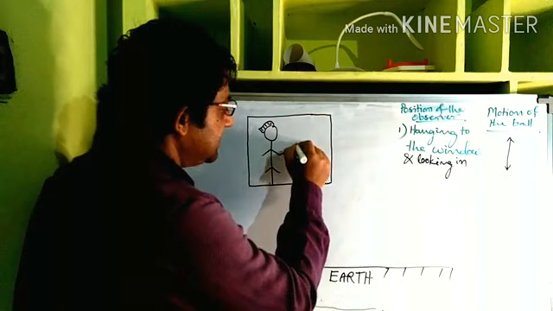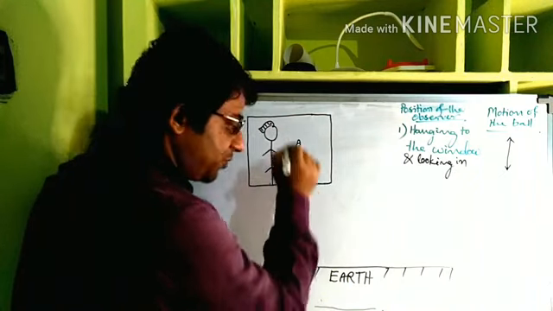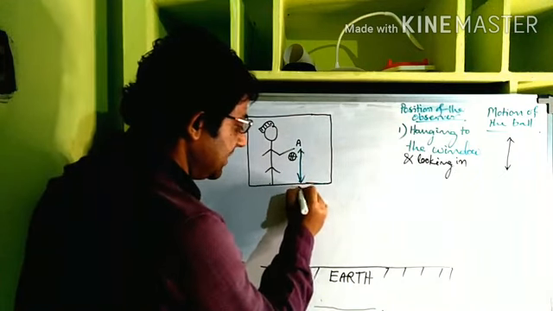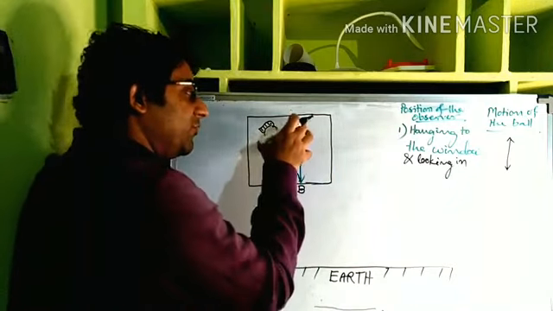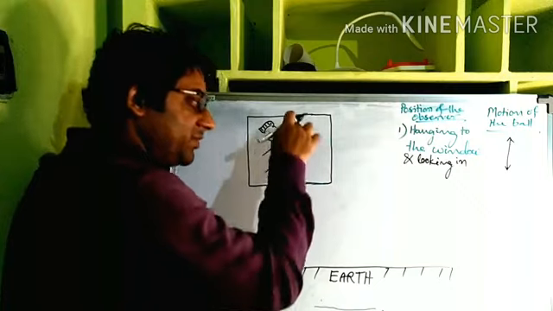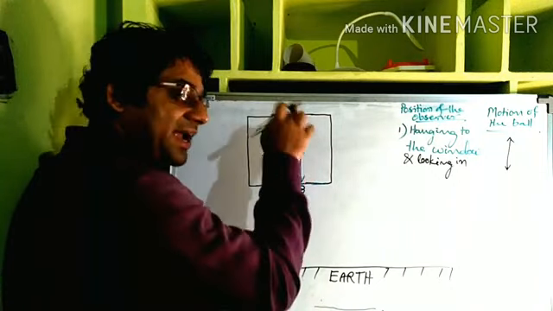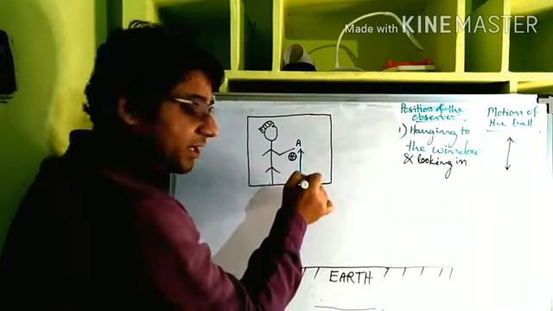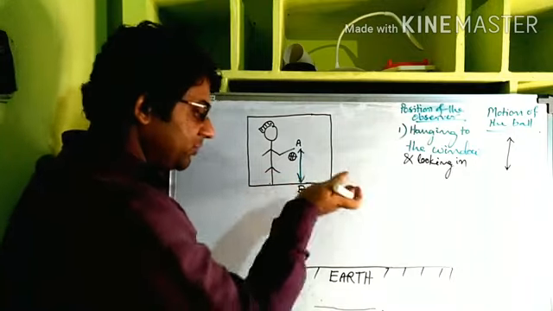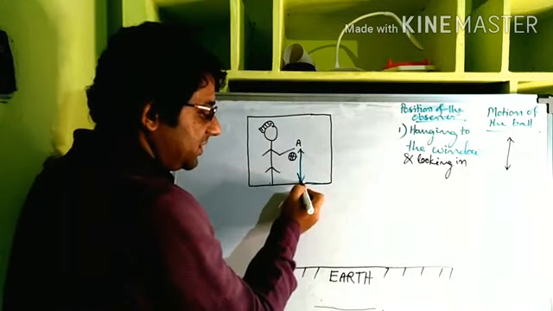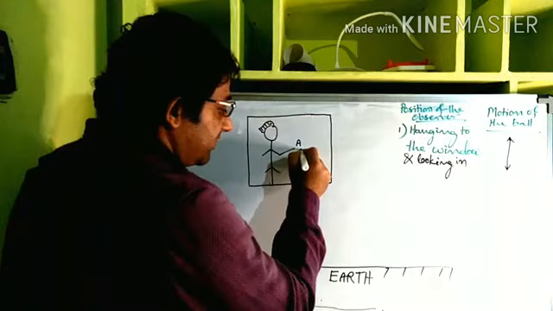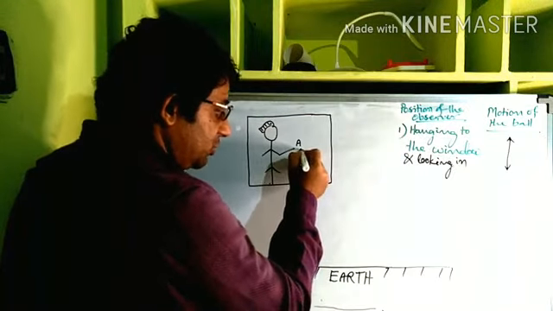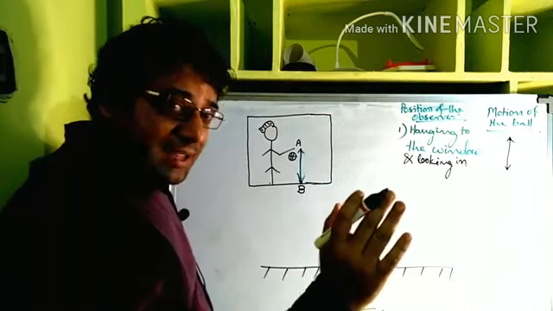Let us say this point is A and this point where it hits is B. Now if you were at the window and looking in, all the time it was hitting the hand at A and hitting the ground at B. Ground means the ground of the helicopter. So between A and B only was the motion, right? The ball takes some time to come from A to B.